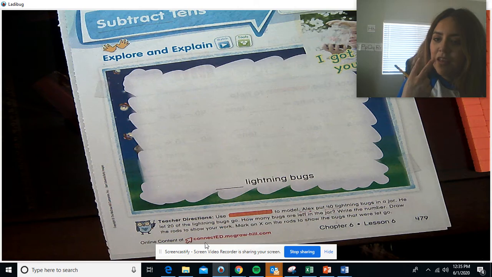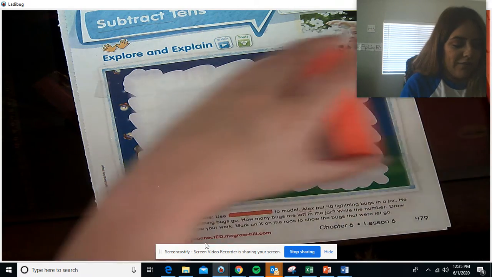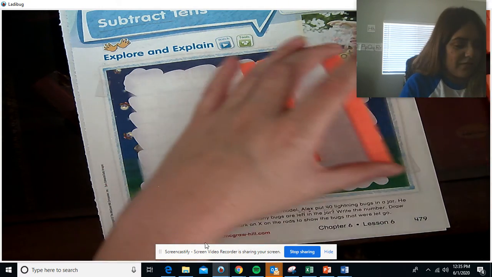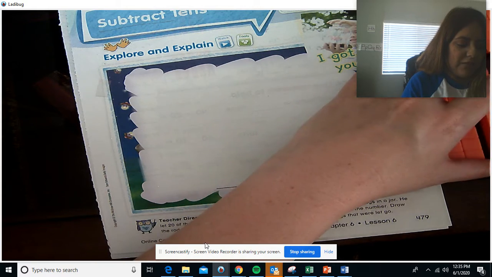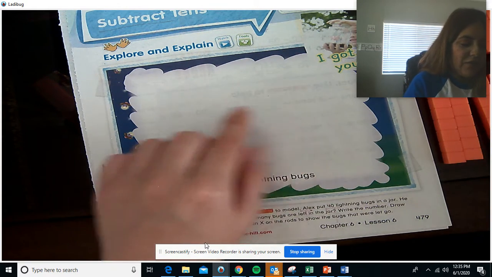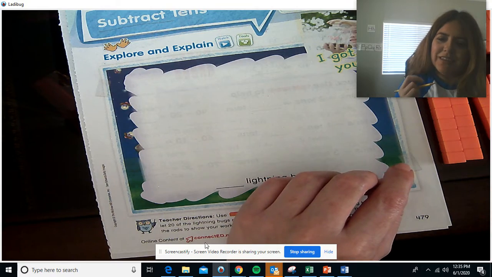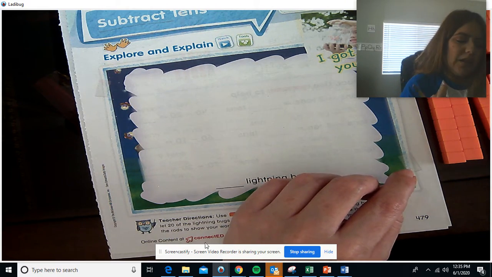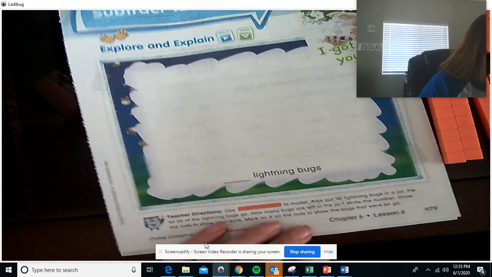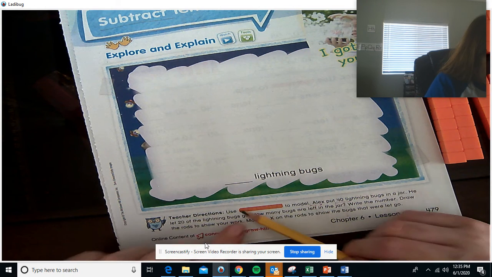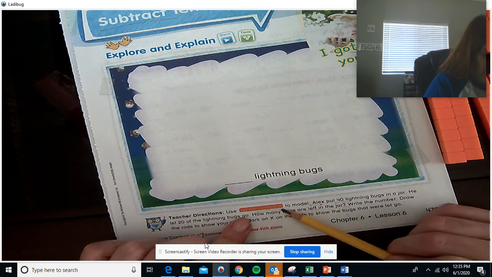I'm left with 2. So I had 5 cookies. This is a bad example because these are tens, but I had 5 cookies and Kaden took away 2. I'm left with 3.